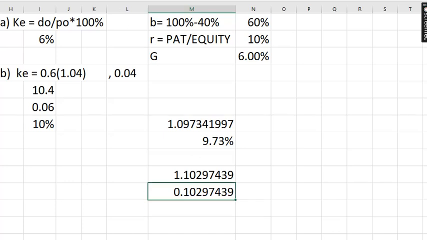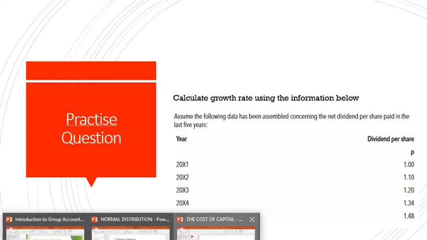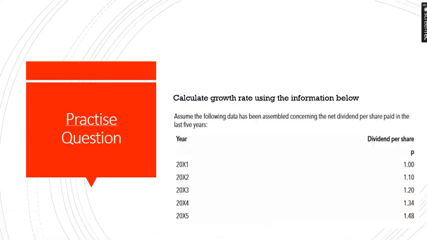So that's it. 10.30. Okay, that's correct. So that's the easiest way of calculating it.